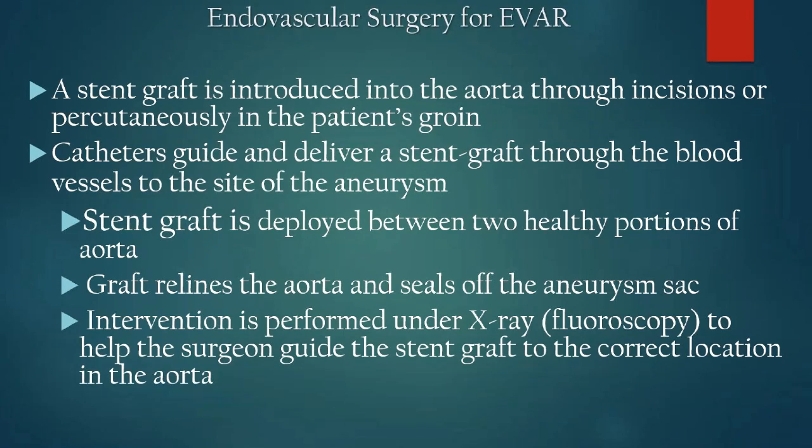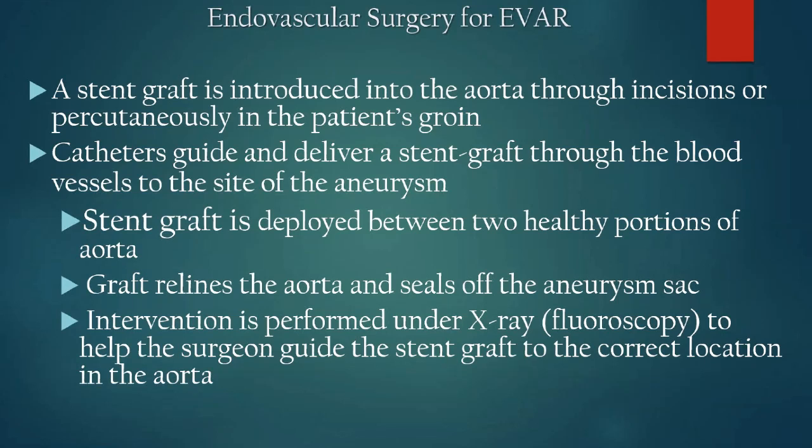For vascular surgery, when they do this procedure, the stent graft is introduced into the aorta through incisions or percutaneously in the patient's groin. The catheter guides and delivers the stent graft through the blood vessel to the site of the aneurysm. It is then deployed between the 2 healthy portions of the aorta.